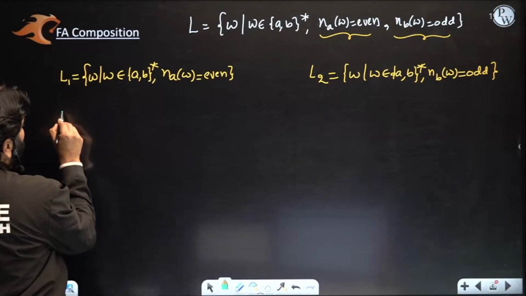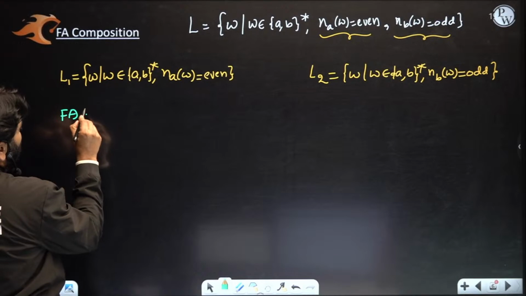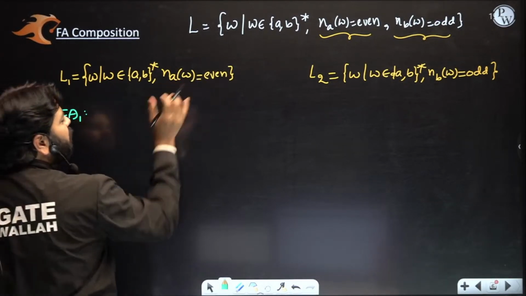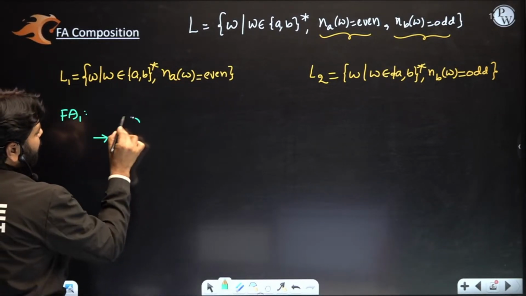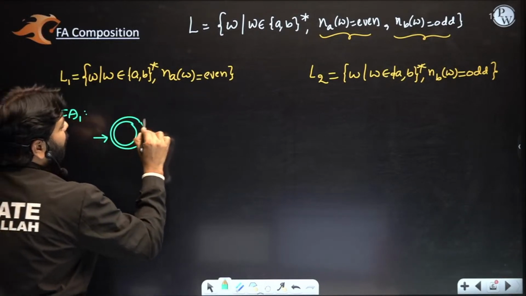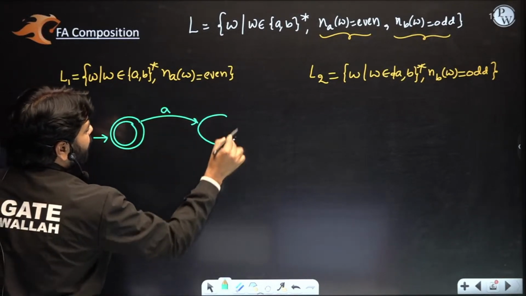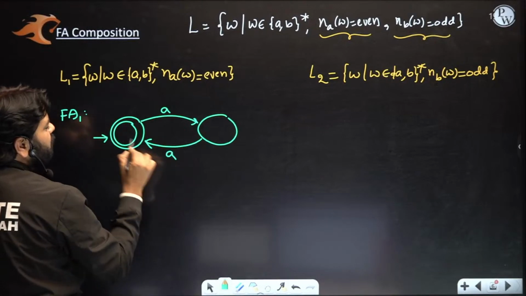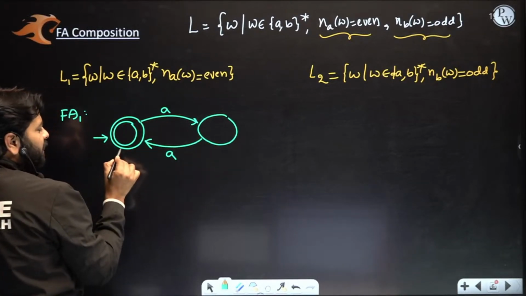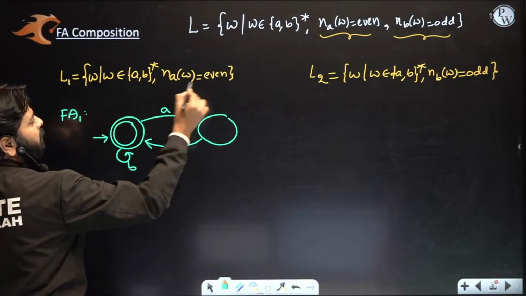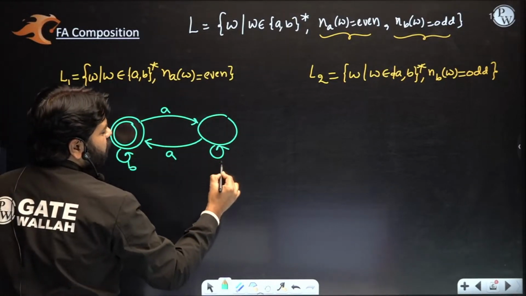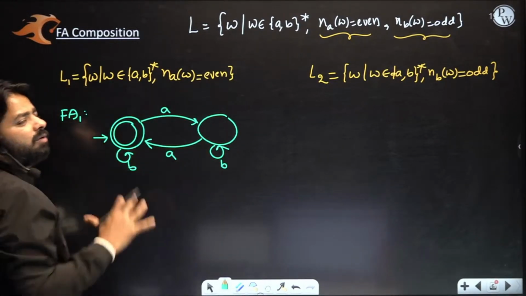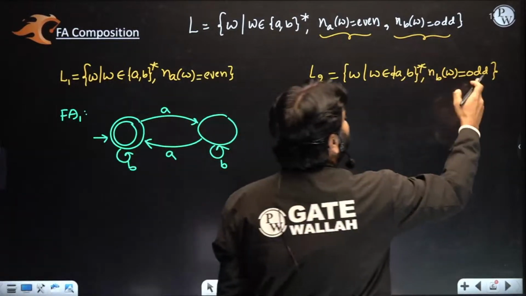That's finite automata 1 we are going to design here. What is the finite automata 1? When the number of A's is even, like you can accept epsilon, and when one A comes, go to the odd state. When another A comes, go to the even state. So even is, odd is. If B's come, we don't care, because in this problem we don't have any condition on B's, so we put a self loop. This is for the number of A's is even and the number of B's is odd.